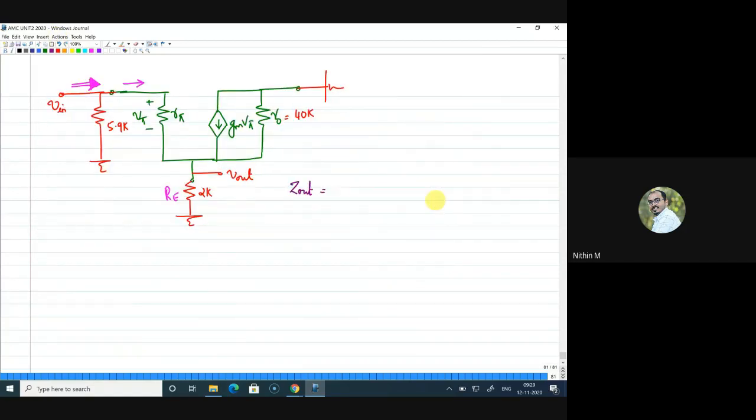When you evaluate output resistance, you have to short the other sources. So this should be replaced by a ground. When this is replaced by a ground, the effect of this resistance itself is not there.